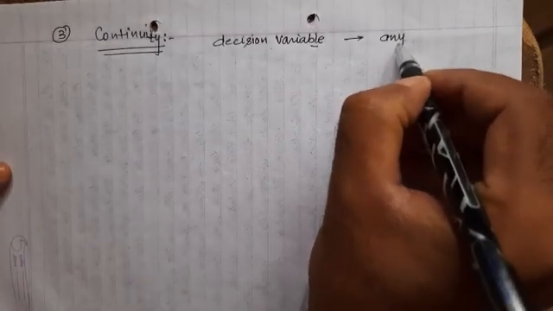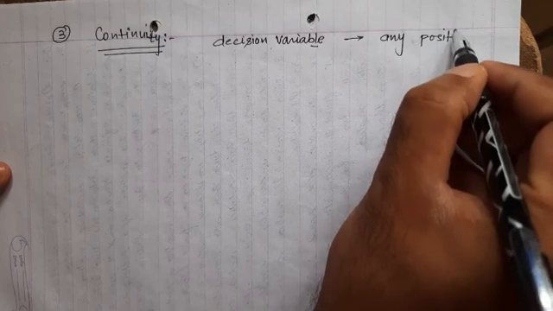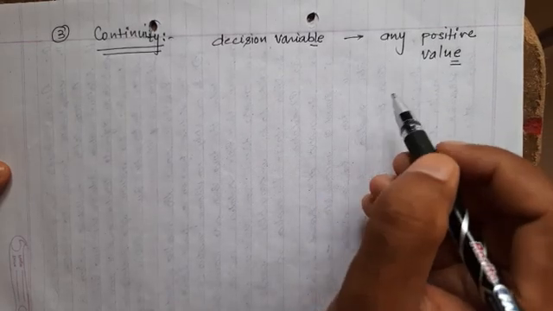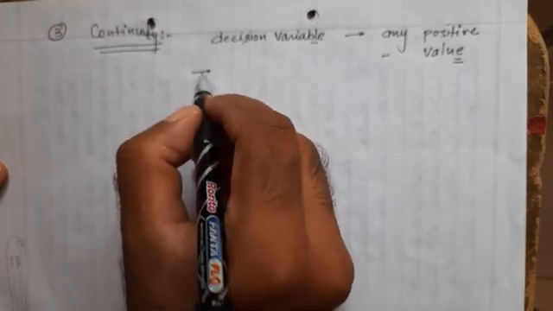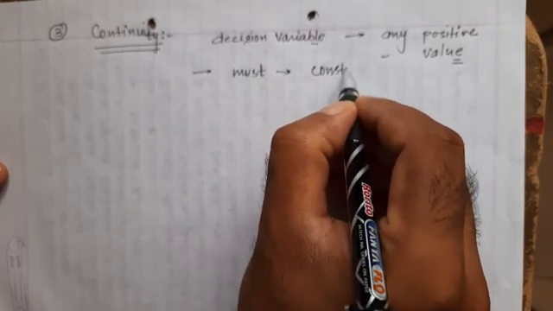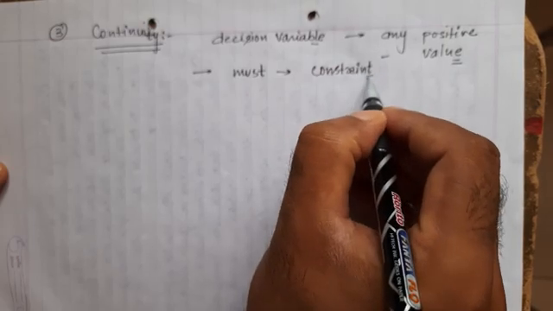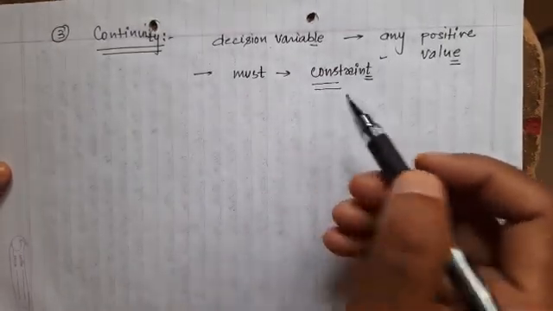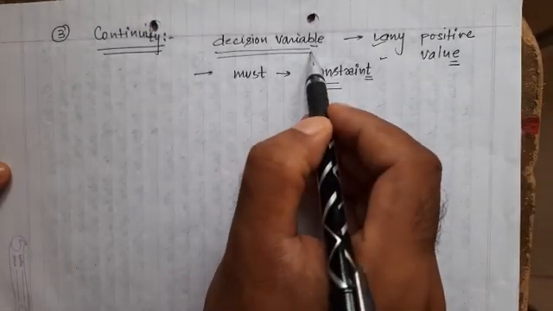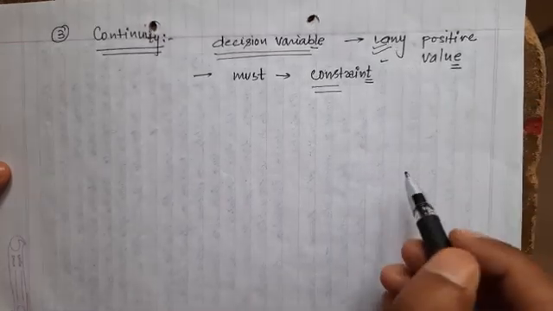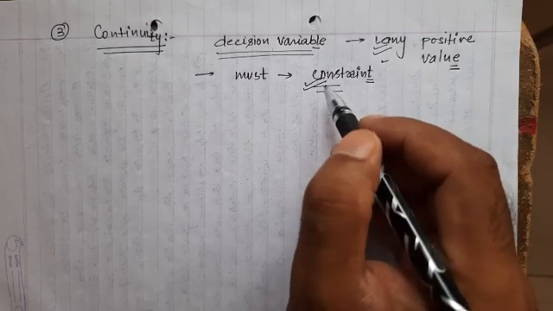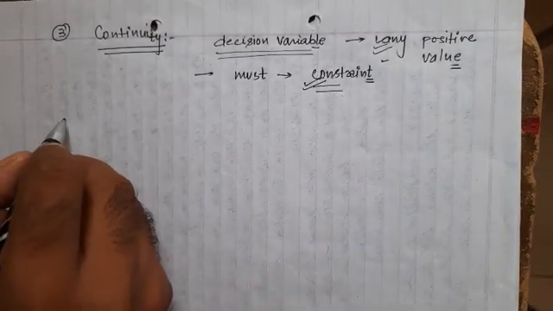The condition is they must satisfy the constraints, and satisfying these constraints you can take any positive value of these decision variables. Whatever the decision variables involved in the problem, you can take any positive value. The condition is constraints should not be violated, so they should be satisfied and you can take any positive value.